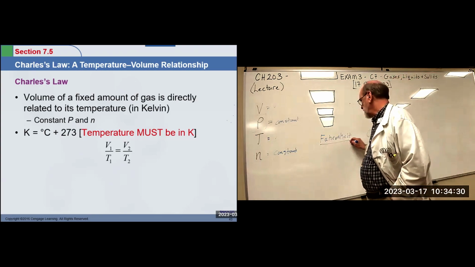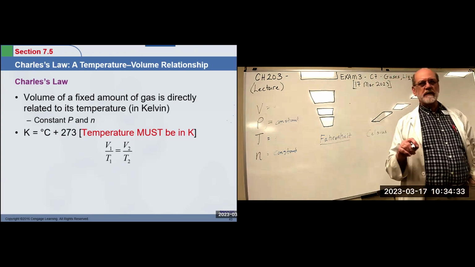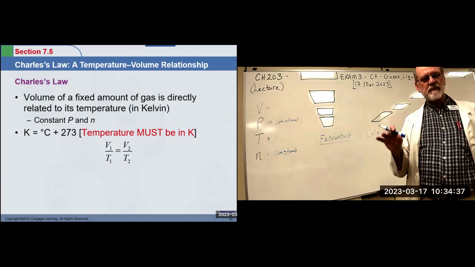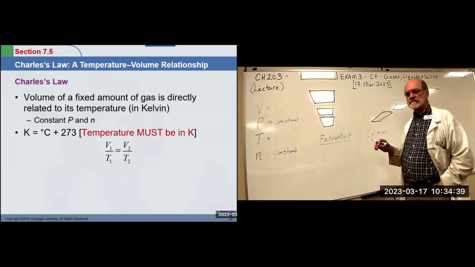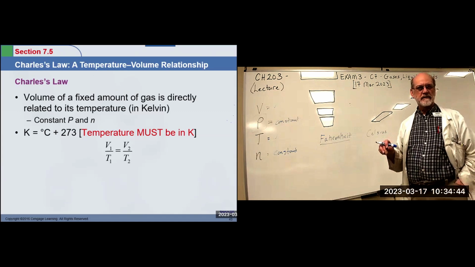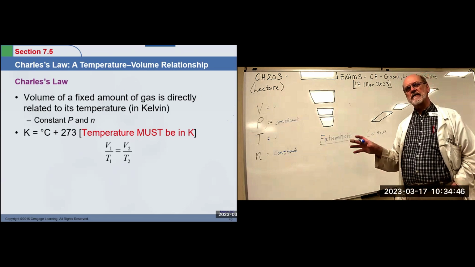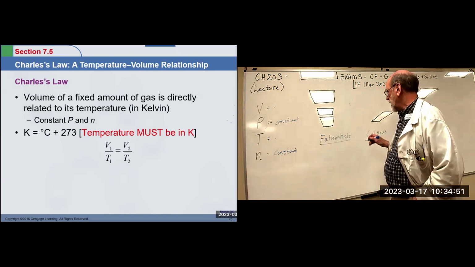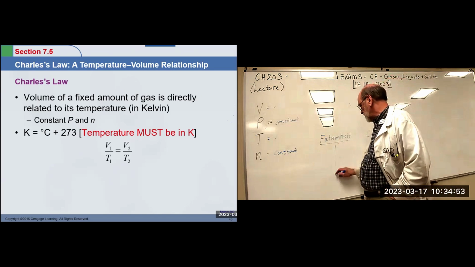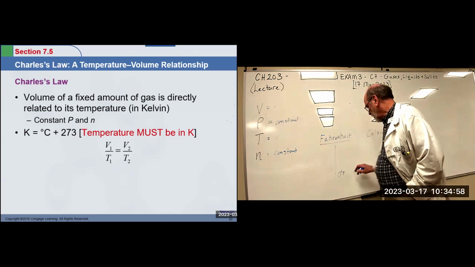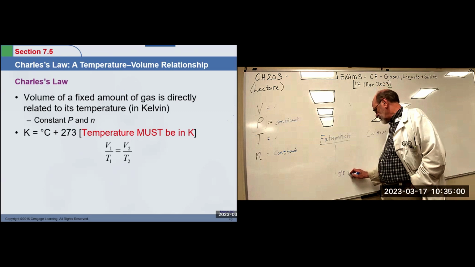Fahrenheit was working with living systems. So he wanted a temperature range that was roughly between normal body temperature and elevated temperature, or elevated temperature and cooler. So his range was 0 Fahrenheit was salt and ice.